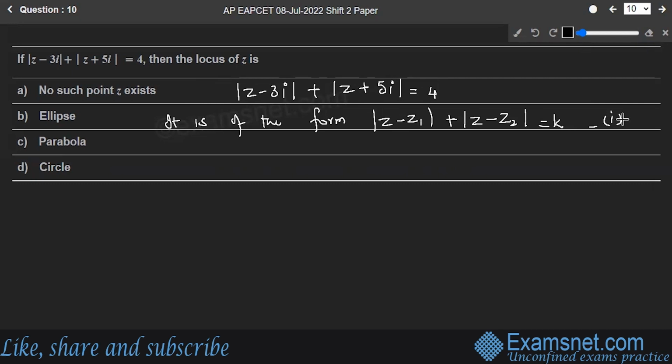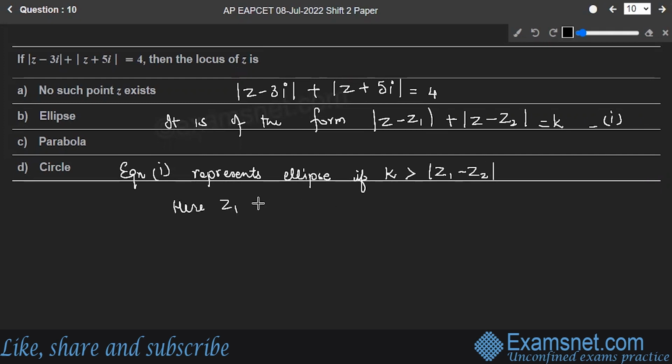So now this equation 1 actually represents an ellipse if k is greater than modulus of z1 minus z2. Equation 1 represents an ellipse if k is greater than modulus of z1 minus z2.